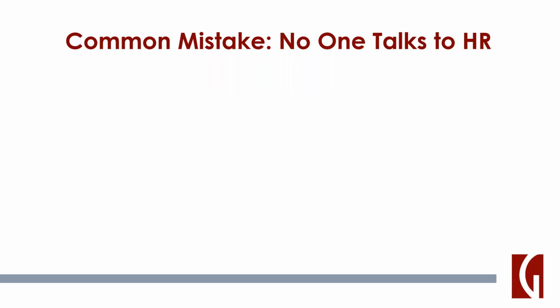This is really another common mistake that we see, where the employee is out for a period of time. The employee has communicated with their supervisor about why they're out, and no one has communicated that to HR.